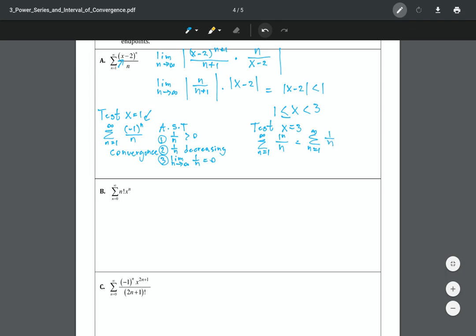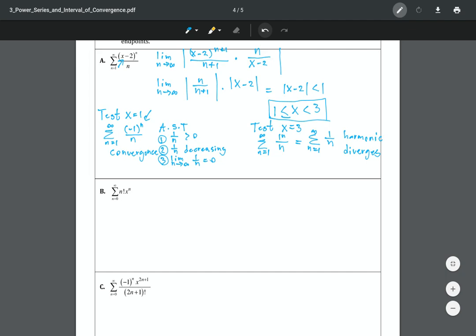Now, the 1 over n is the harmonic series, which is also a p series, but the harmonic p series does not converge. It diverges. So what that means is that the 3 is not going to be included. So this right here is going to be the interval of convergence.